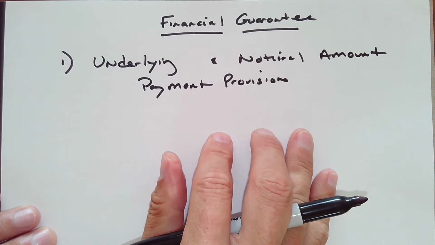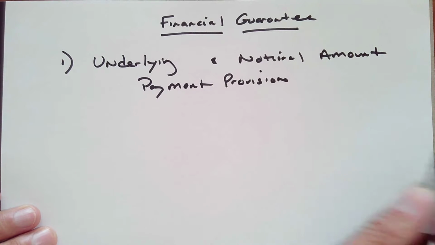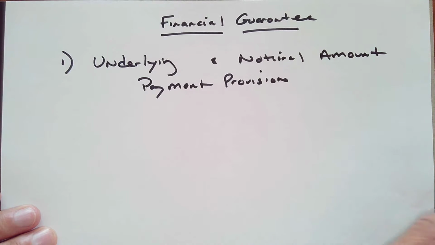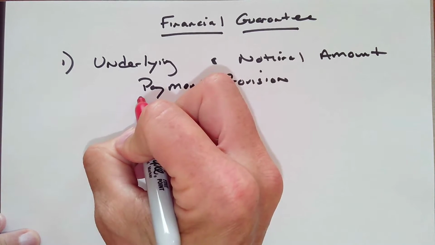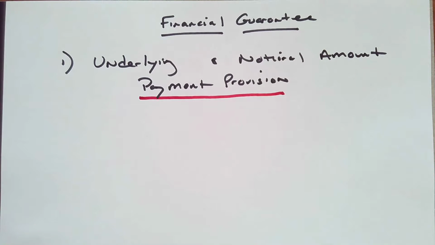In the description of the financial guarantee, as I pointed out, if somebody doesn't do what they're supposed to do, then somebody else has to come in and pay. So for this particular contract, there's a payment provision in the financial guarantee.